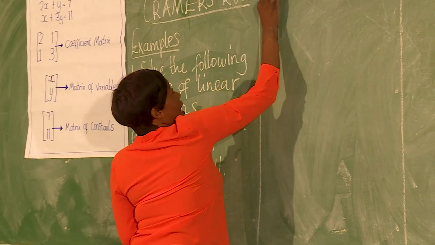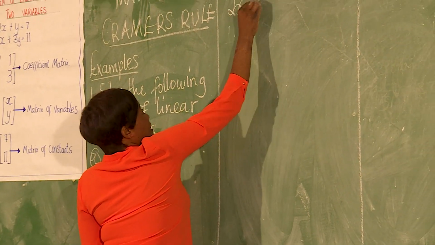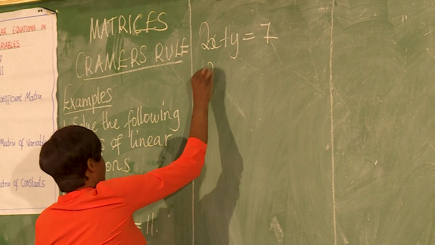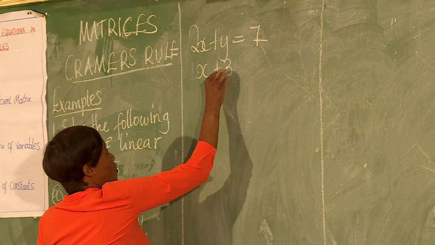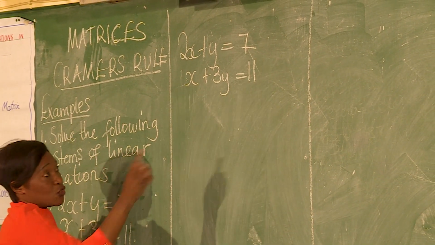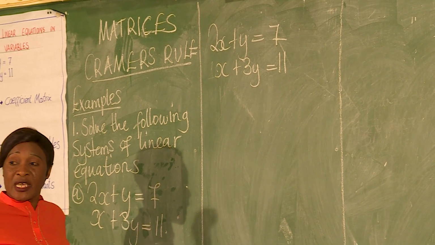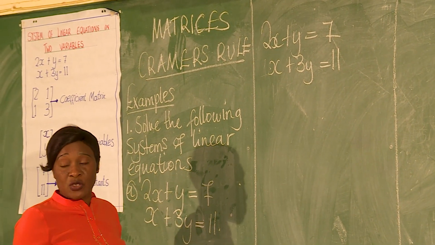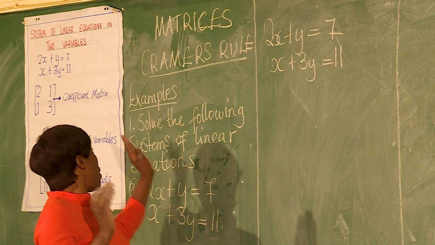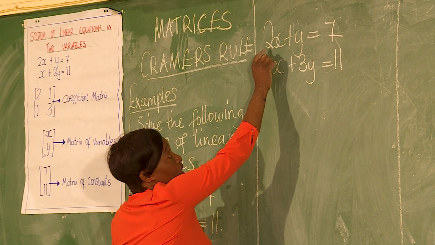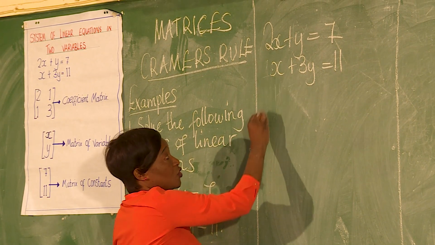So 2x plus y is equal to 7. Then we have x plus 3y is equal to 11. These are the 2 that we have been given. So we're going to extract the matrices that I talked about. I said the first one is the coefficient matrix.